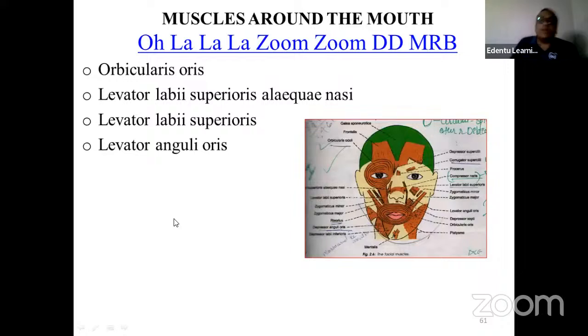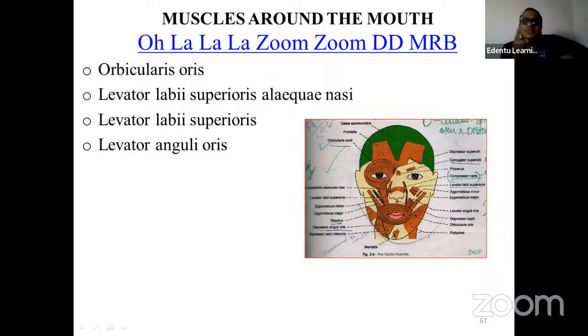Next, muscles around the mouth. It's a beautiful mnemonic. You will love it. There are so many muscles around the mouth, and you can remember them with a big mnemonic: Ooh la la la, zoom zoom, DD, MRB. If you read it 5 times, you will easily reproduce it.